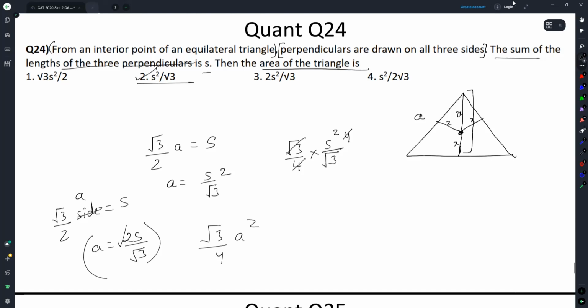A I know to be this much. Put it. √3/4, 4s squared by 3, cancel √3, 4 gone, s squared by √3, option 2. Pretty straightforward. Yes. Can this point be taken as any one vertex? Most definitely. Why not?